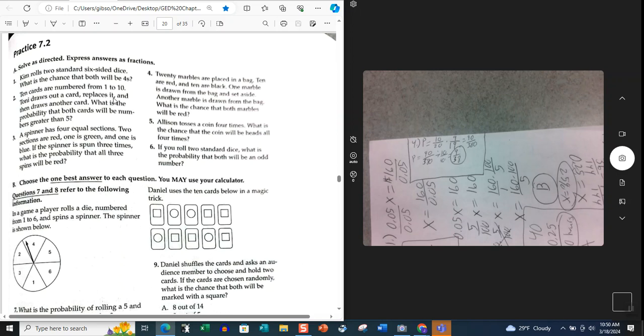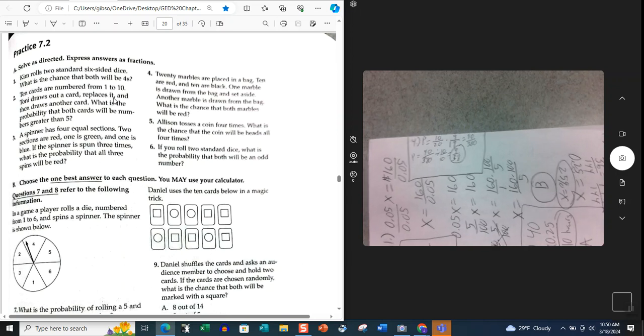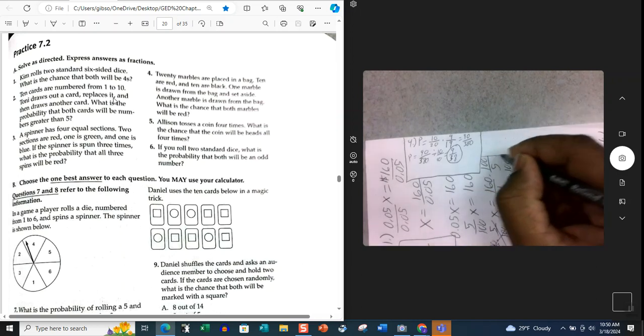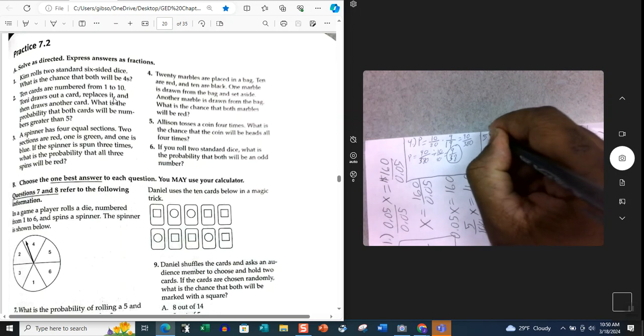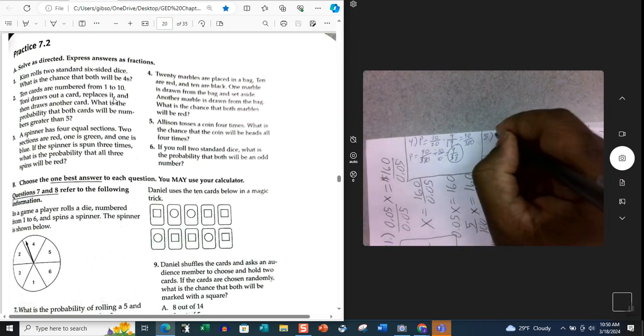Now, problem number 5. It says Allison tosses a coin 4 times. What is the chance that the coin would be heads all 4 times? So this is independent because flipping the coins will not affect the probability.